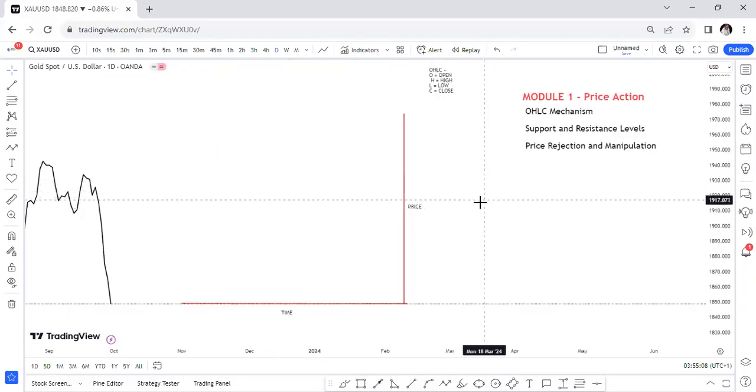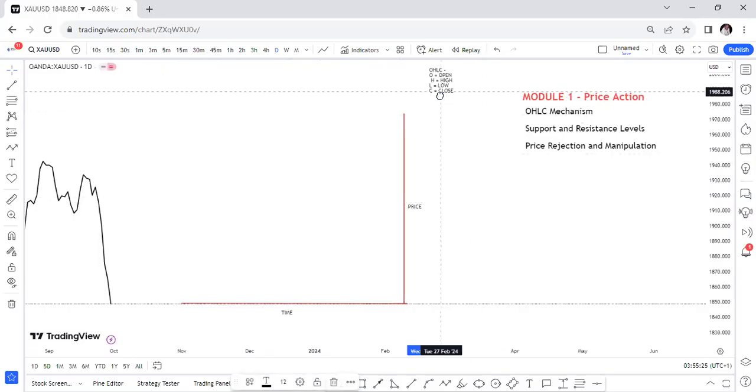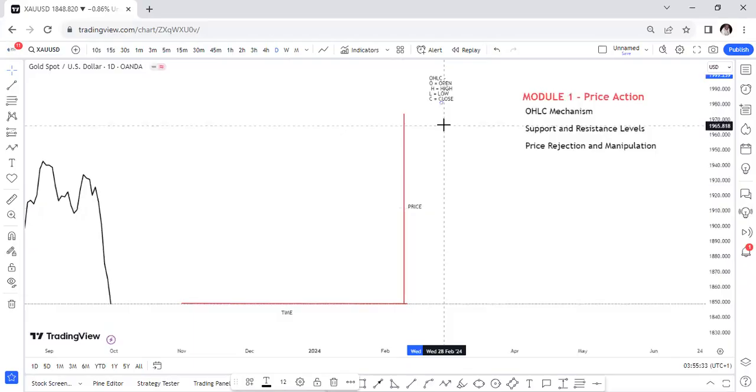Which is why I said high and low is no longer relevant in determining the significance of price information. It's no longer relevant because it represents price manipulation, price rejection, no activity in the market, while the body represents the actual volume that takes place in the market.